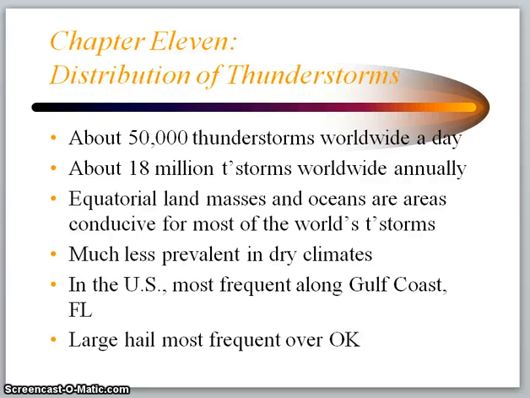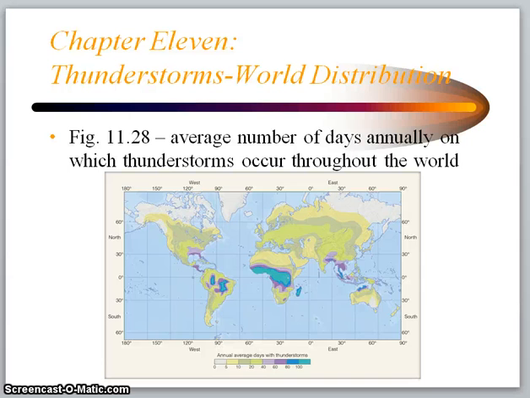Thunderstorms are much less prevalent in dry climates. Moisture is the key here. In the United States, they are most frequent along the Gulf Coast and also in the state of Florida. Large hail associated with thunderstorms is most frequent over, well, you guessed it, Oklahoma.